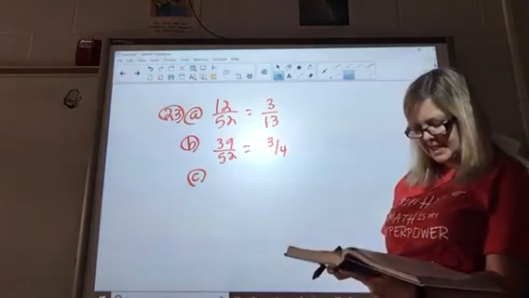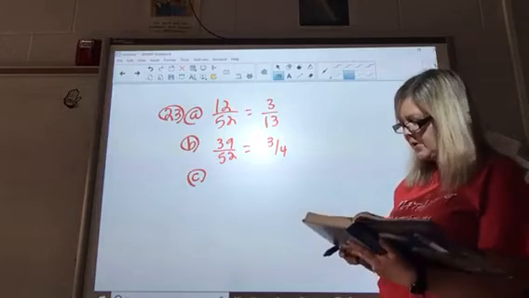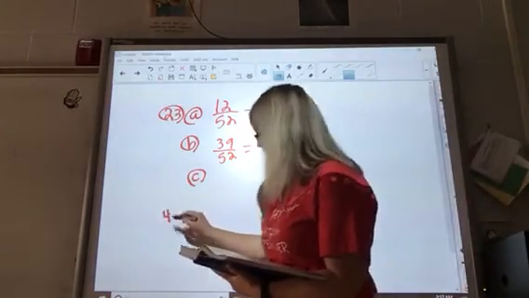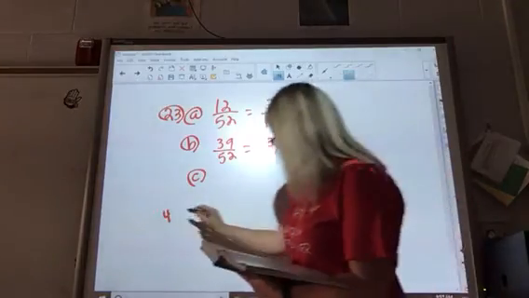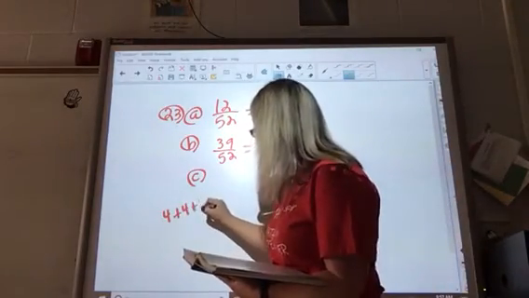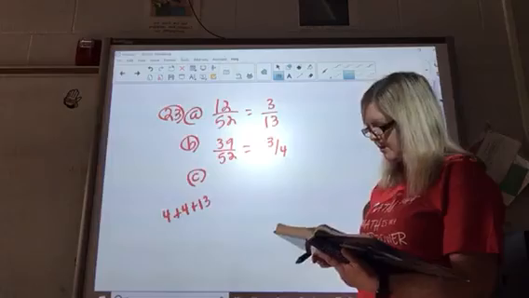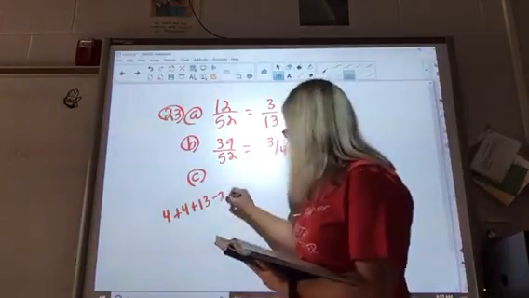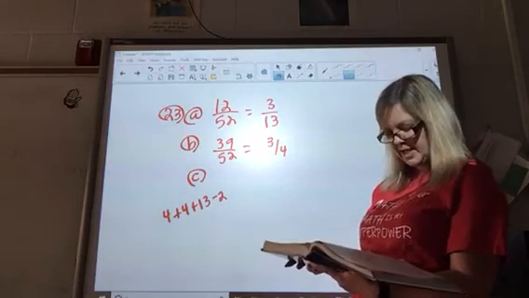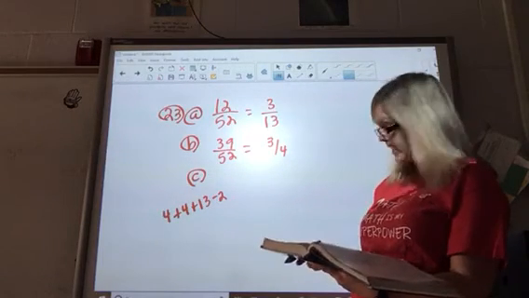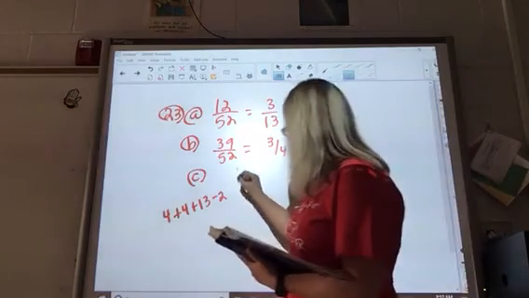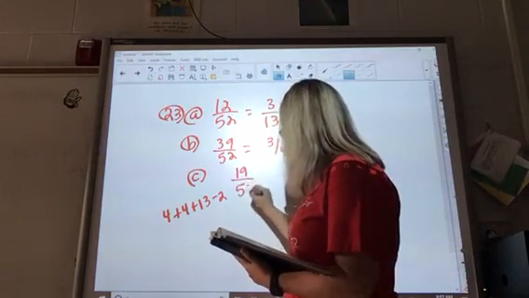Okay, C says a king or a queen or a diamond. Well, there's 4 kings, there's 4 queens, there's 13 diamonds, but we've already taken into account 2 of those when we added up the kings and queens. So if I add those together, I would get 19 out of 52.